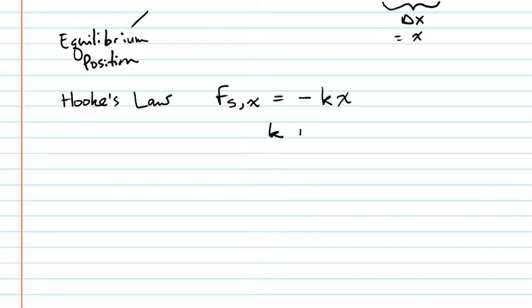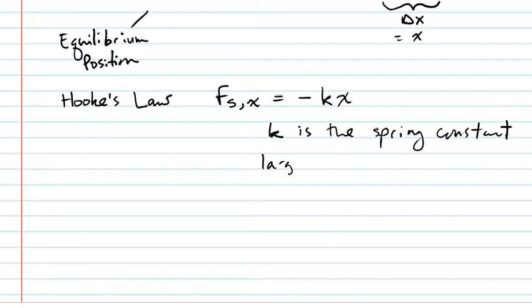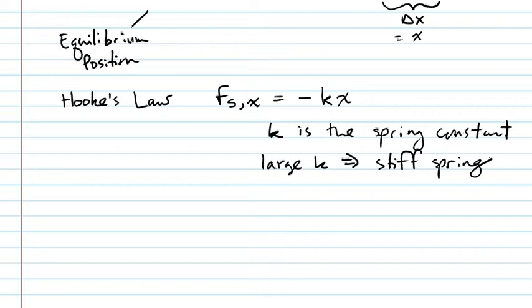k is called the spring constant. And large k implies stiff spring. So the spring constant is a measure of the stiffness of a spring.